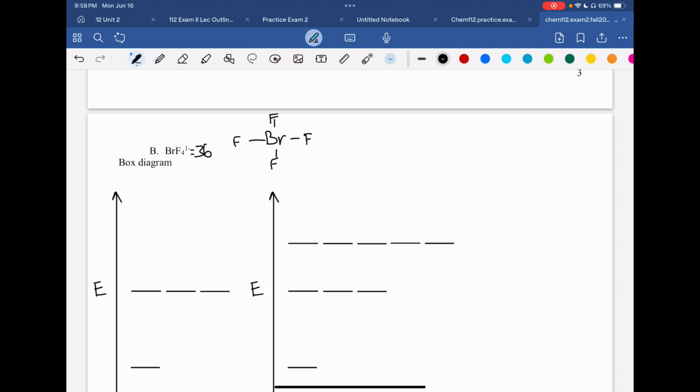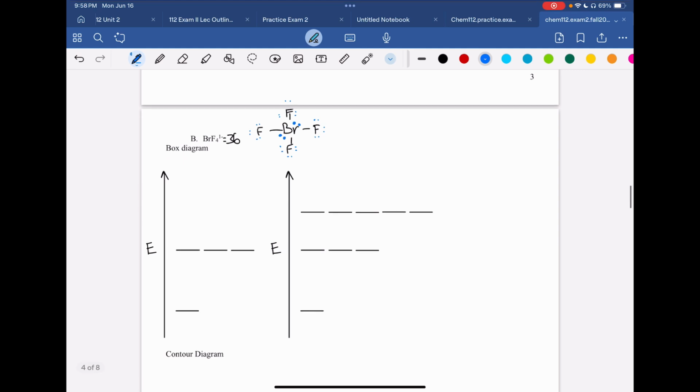So this should be 10. I'll color, stay consistent. 8, 10, 12, 14, 16, 18, 20, 22, 24, 26, 28, 30, 32, and here is your 34 and 36. Okay, a little tricky on that one.